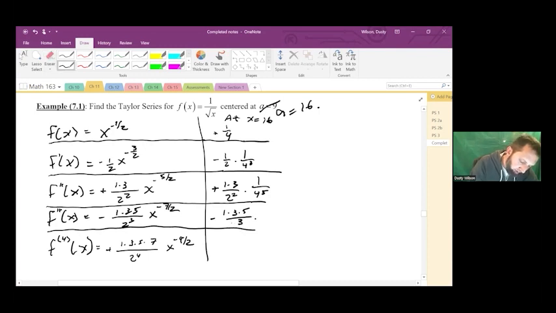Then positive 1 times 3 times 5 times 7 over 2 to the 4th times 1/4 to the 7th. This last one should have been 1/4 to the 7th.